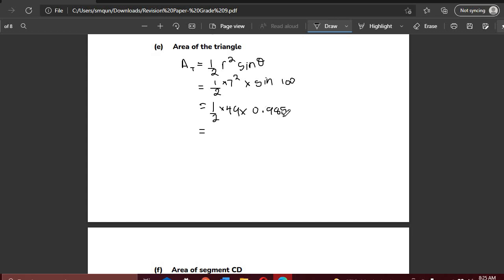So that is how I got this. Okay, so our final answer after we multiply is going to be 24. I'm just going to round it to 1 decimal place. 24.1 to 1 decimal place. Remember, we're talking about area again, so it's going to be centimeters squared.